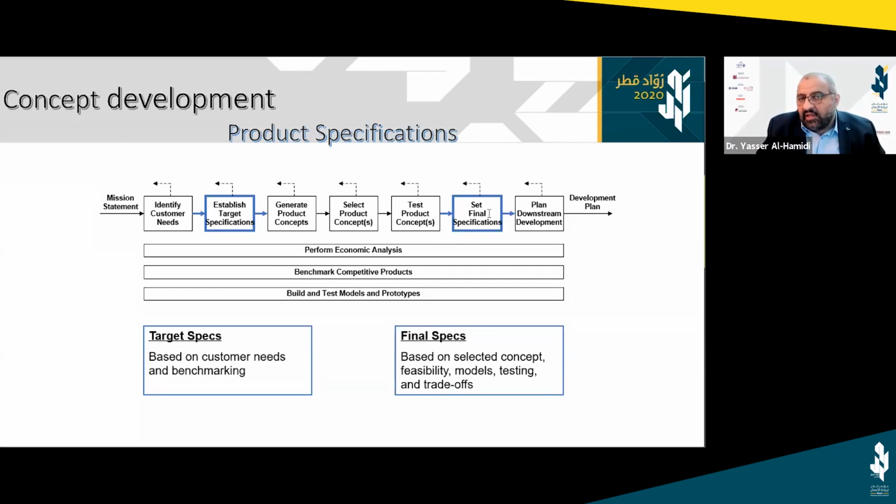And this is why, down the road, we have final specifications. After you go through the concept generation and selection, then you have more understanding about the product and its limitations, and then you can set your final specifications.